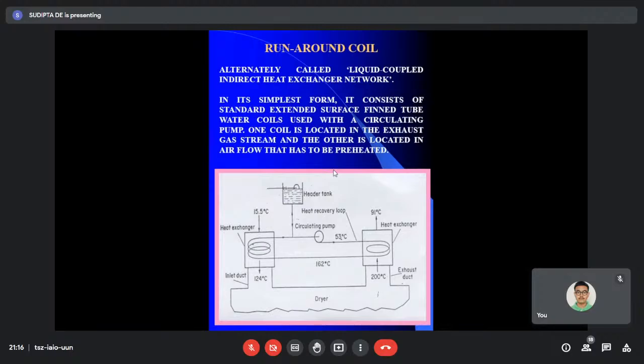These coils are placed in two parallel flows of gases, one at higher temperature, another at lower temperature. Continuously through these coils the working fluid has to flow. It is generally a liquid, so a pump is required to make this effective heat transfer between the two sections.